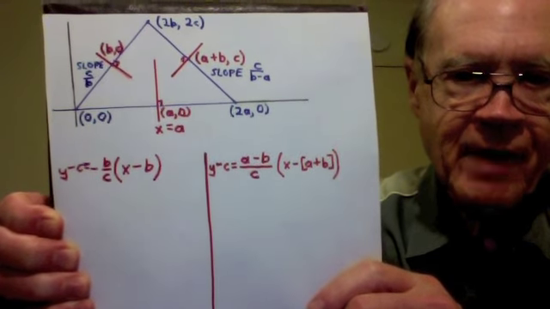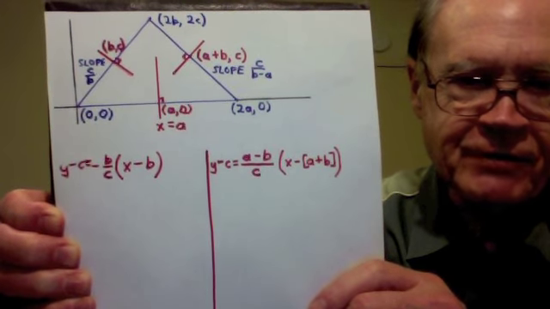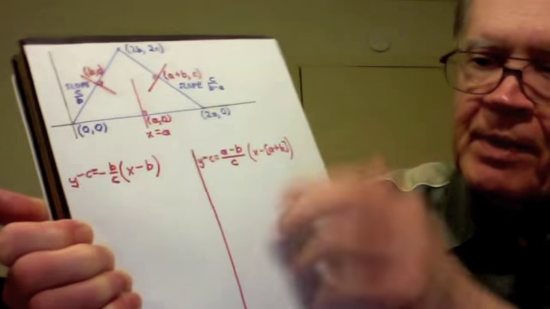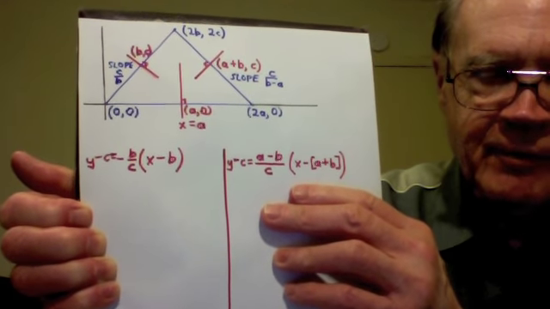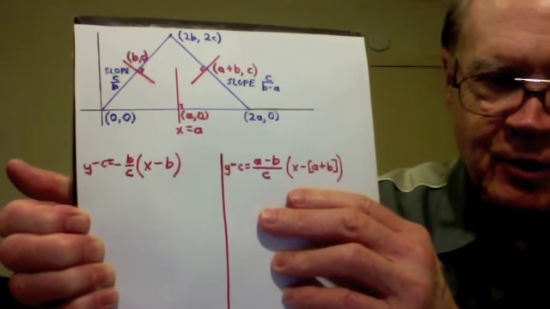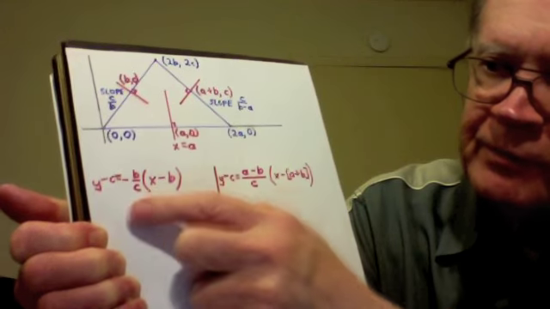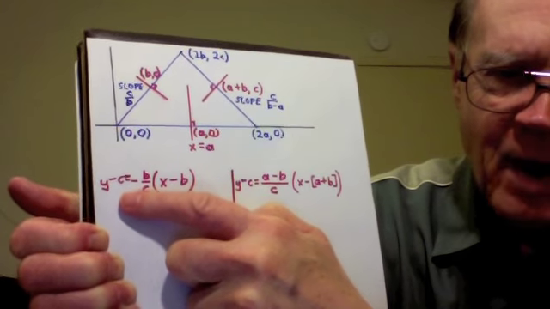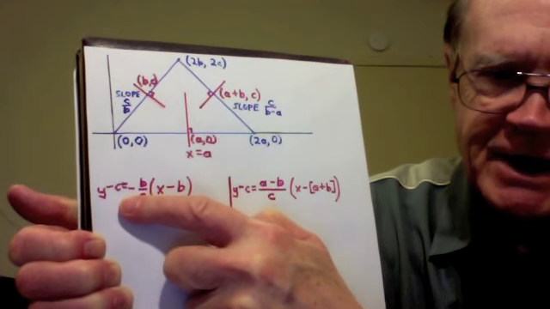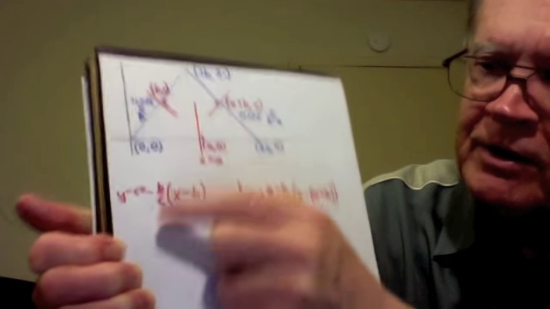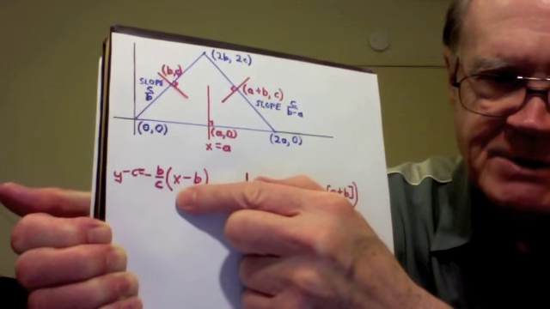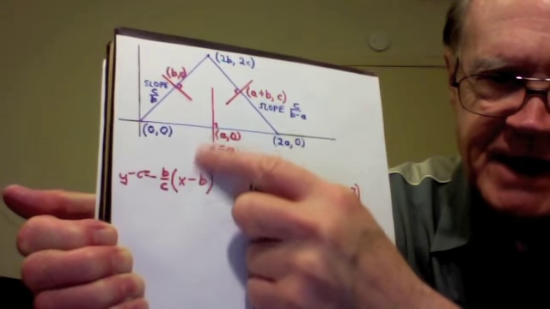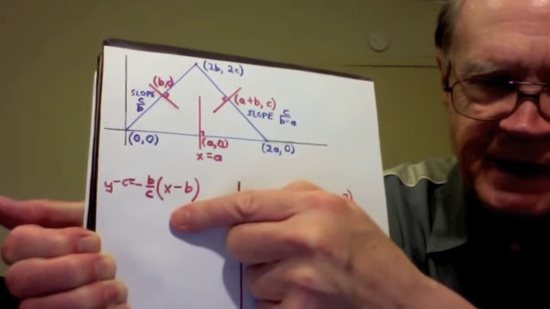So now I can write an equation of each of those perpendicular bisectors using the point-slope form, which I referred to in the original video. For this one, the one on the left, we have y minus c, which is the y coordinate we know about, equals the slope, negative b over c, times x minus the x coordinate that we know about, that's x minus b.